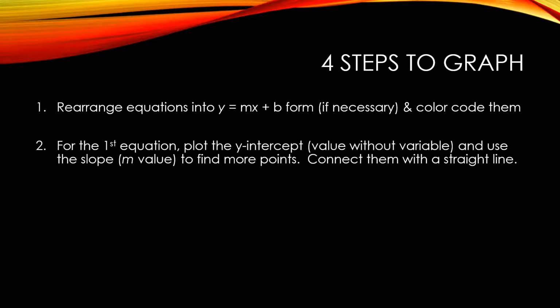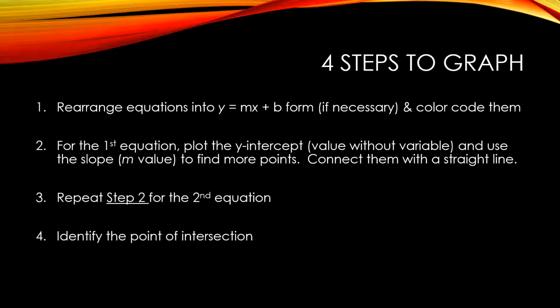Step number 2, for the first equation, plot the y-intercept, that's the value without a variable, and use your slope, the m value, to find more points on your line. Connect the dots with a straight line. Step number 3, repeat step number 2 for the second equation. Step number 4, simply identify the point of intersection, and you'll be able to see this visually.